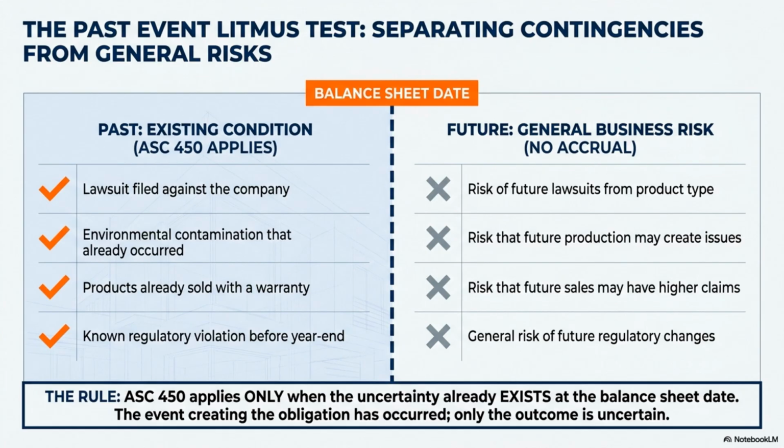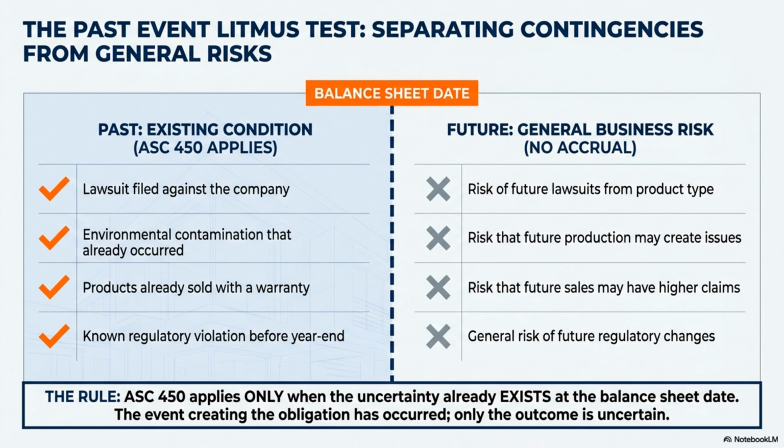The right side shows what does not qualify. The general risk of future lawsuits from a product type, the possibility that future production might cause issues, the chance that future sales might generate higher claims, the risk of future regulatory changes. The key word in every item on the right is future. Nothing has happened yet. No past event has created an obligation.